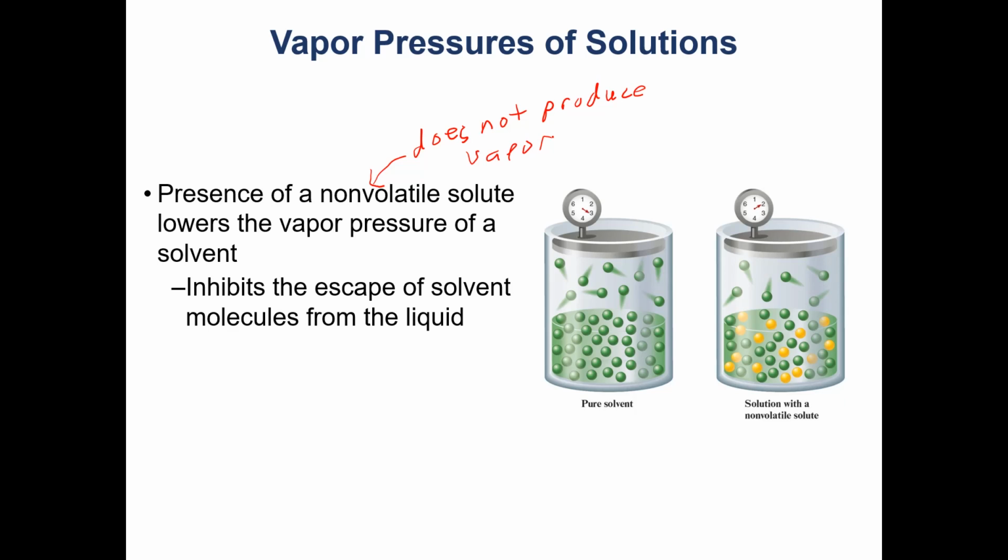For example, if we have our pure solvent here, there are some molecules up at the top that are in the vapor phase, and then we have all of our molecules in the bottom that are in the liquid phase. If we put a non-volatile solute in here, then we have fewer solvent molecules up here in the vapor phase.